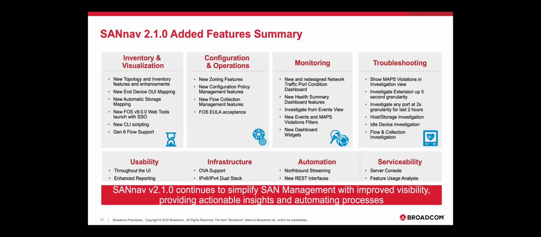You can see that in the automation part, we have something called northbound streaming. This is a very important use case that we're addressing here. For our customers that are interested in receiving the performance statistics for FC ports or Ethernet ports or flows through streaming and keeping them for 3 years, 5 years for compliance, audit reasons or whatnot, we can actually send all this data northbound through a Kafka stream, very much like how FOS streams to SANnav.